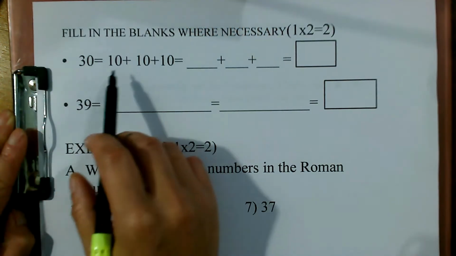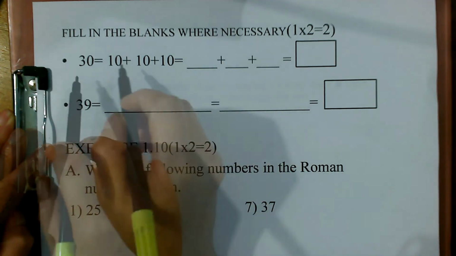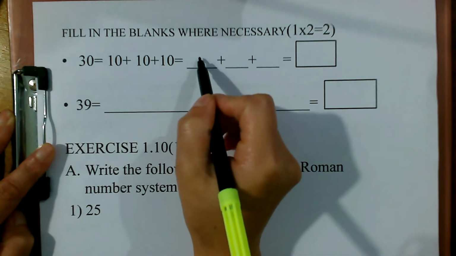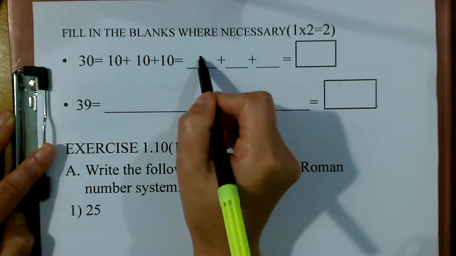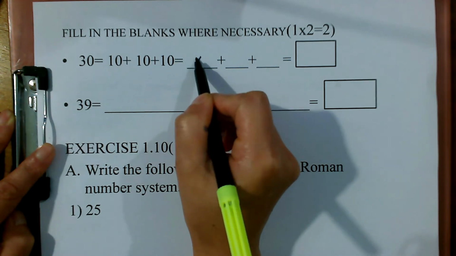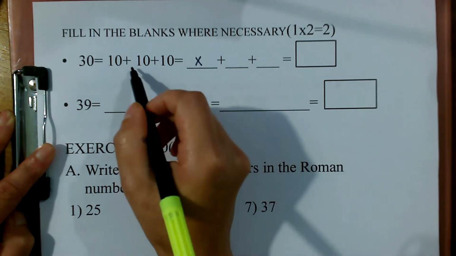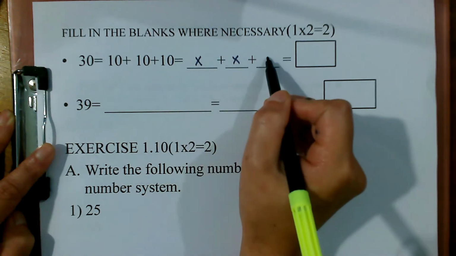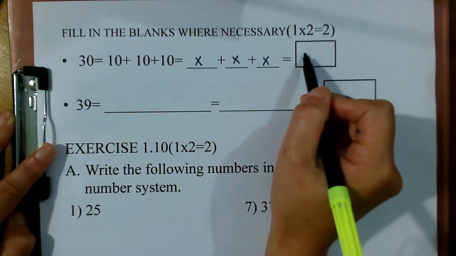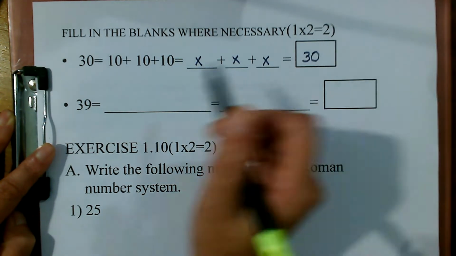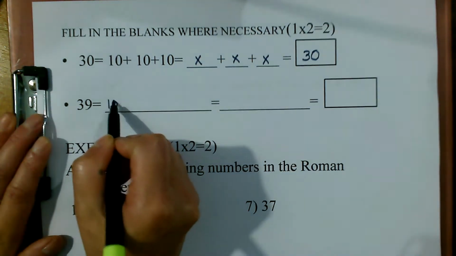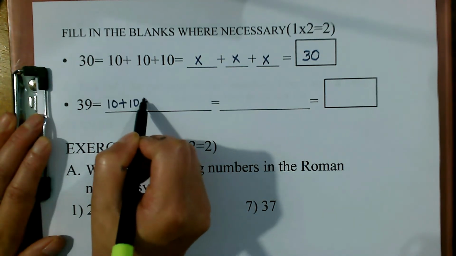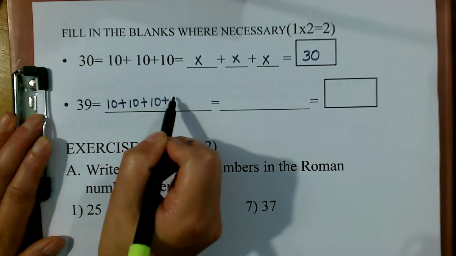And next, fill in the blanks where necessary. So 10, you have to write 10 in the Roman number system as X. And again 10, another X, and 10, another X, equals 30. You have to write 30 here. And 39. 10 plus 10 plus 10 plus 9.